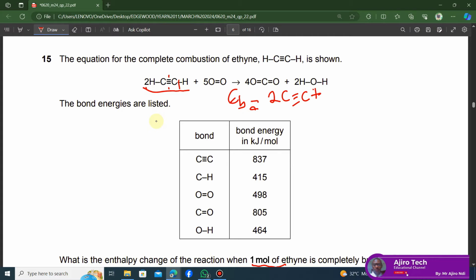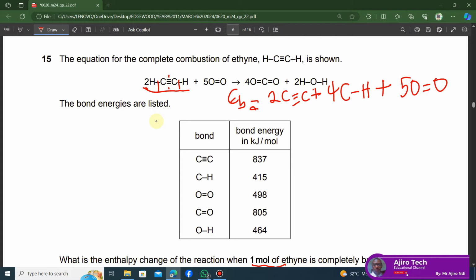We break 2 here, but there's a 2 coefficient here, so we are going to break 4 carbon-hydrogen bonds. And then you're going to break 5 oxygen double bonds. This is the energy required to break bonds.